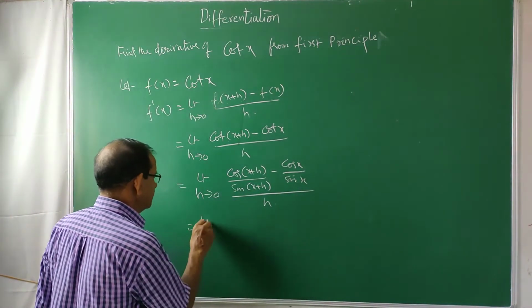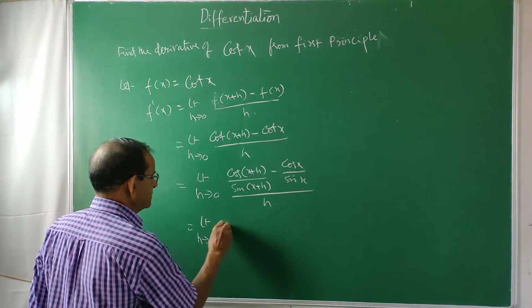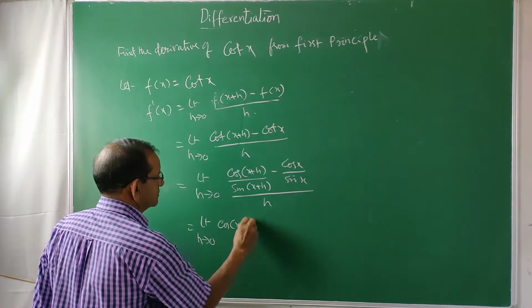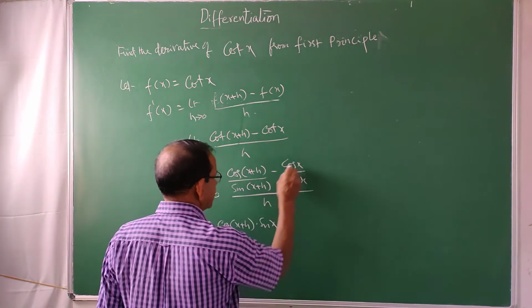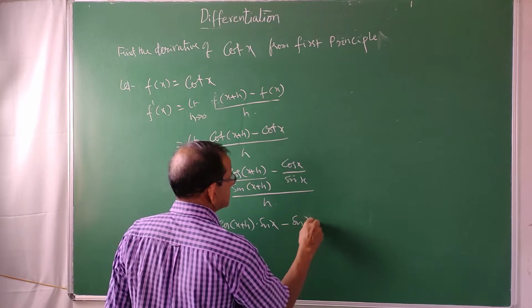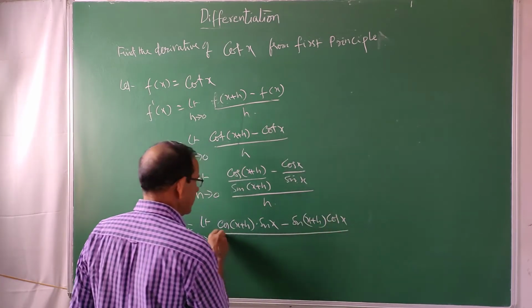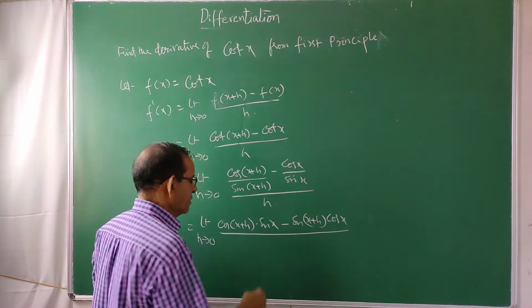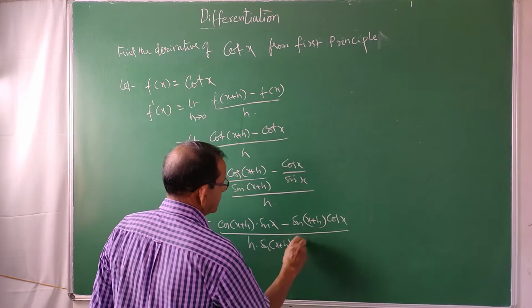So that is limit h tends to 0, cos x into sin(x plus h) minus cos(x plus h) into sin x, by this into this will come to the denominator, h into sin(x plus h) into sin x.